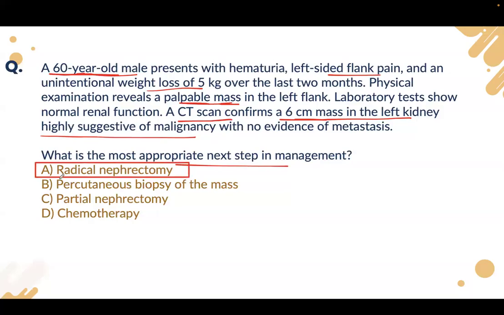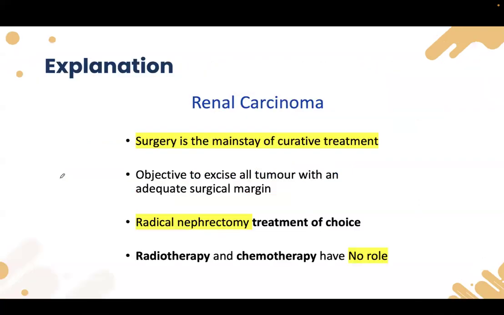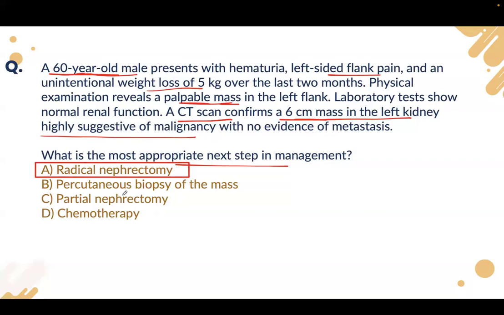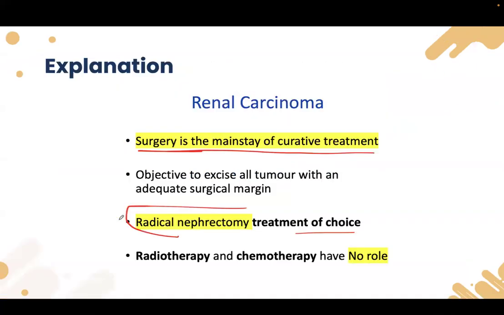So basically, this is the answer. I remember I saw it in your slides, in the clinical presentation, it says that surgery is the mainstay of treatment. And what's the treatment of choice? It's radical nephrectomy. So if they put partial nephrectomy, percutaneous biopsy, or chemotherapy, just try not to be confused and memorize it as radical nephrectomy.